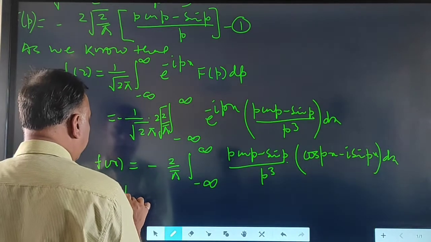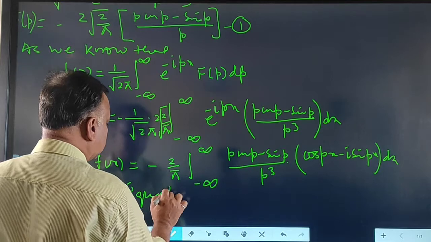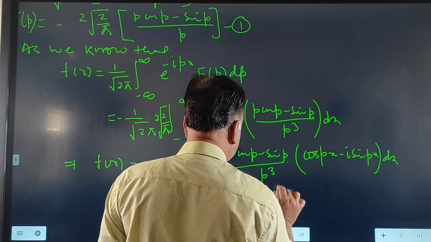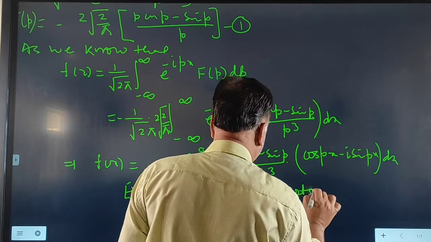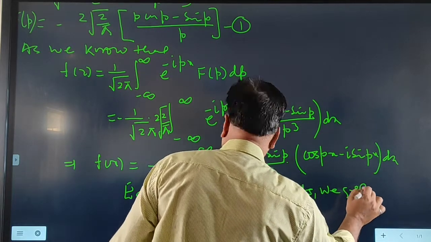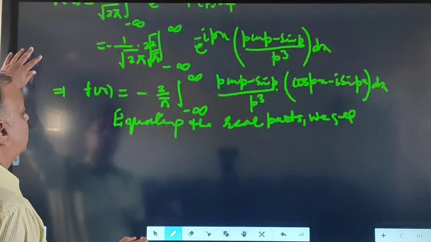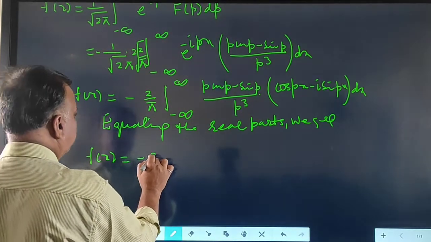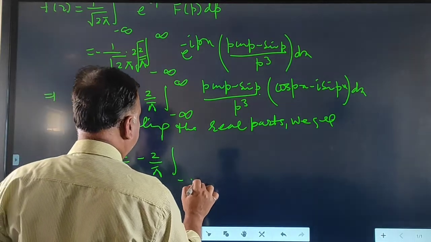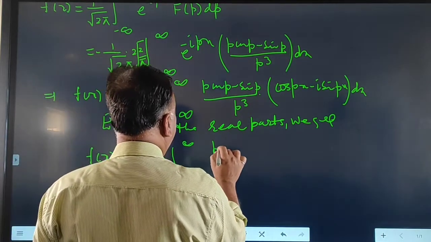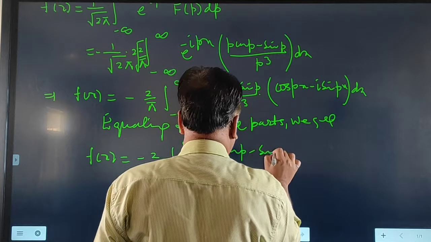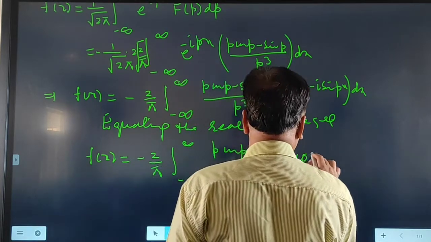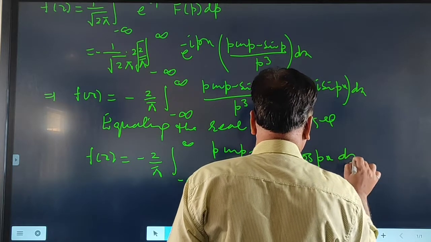Now equating the real parts, we get fx is equal to minus 2 upon pi, integral minus infinity to infinity, p cos p minus sin p upon p cube, into cos px dx.